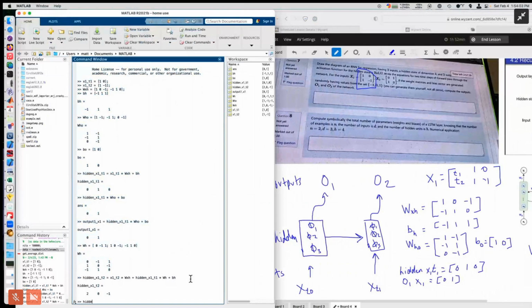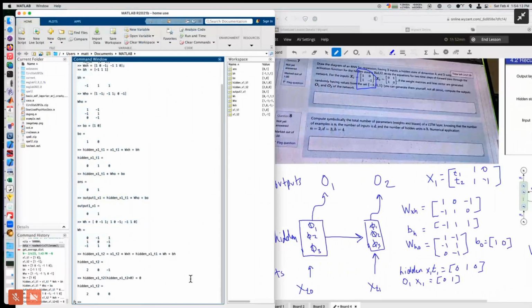And then if we say hidden x1 at t2 less than 0 equals 0, so basically a 0 at the negative 1.